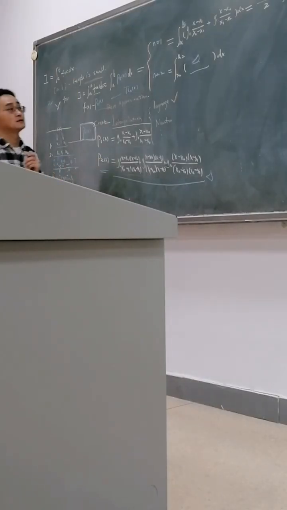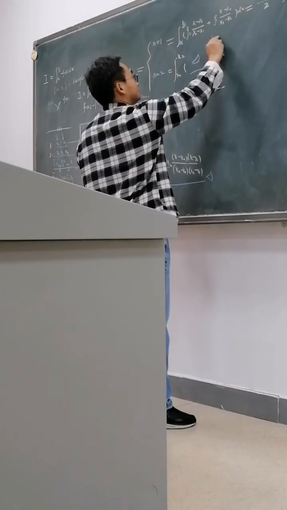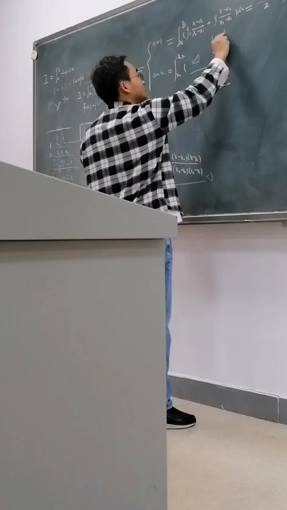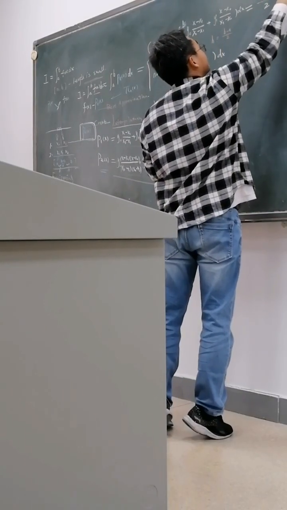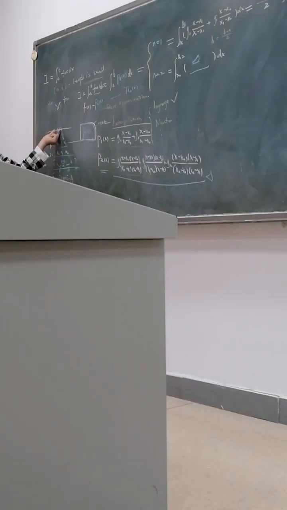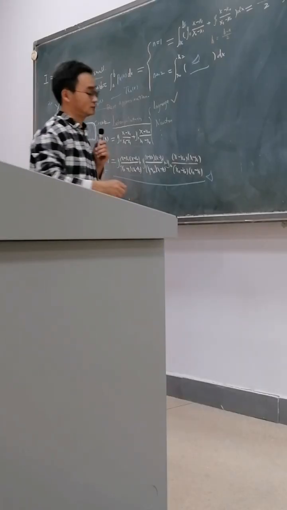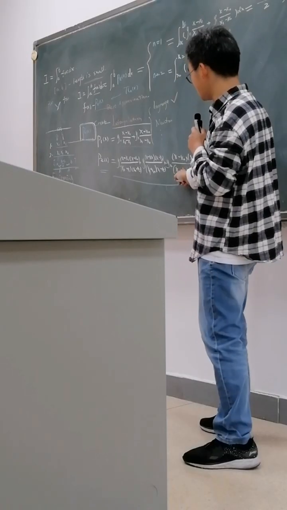For this case, h will be b minus a over 2, right? Because we have two partitions. Okay, here it is just 1. So if we use this kind of method, we may do some integration for this function.